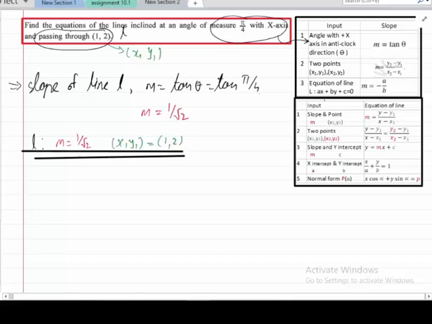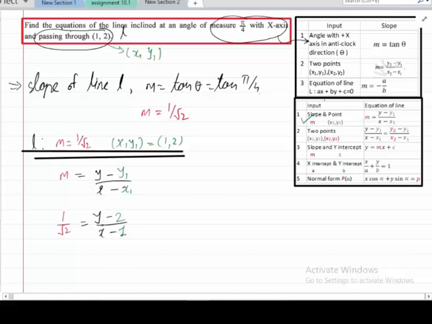So we get our data double underlined, which suggests that we have to use the slope-point equation of line, which is m is equal to (y minus y1) upon (x minus x1). Let's place the values of m, which is 1 by root 2, y1 is 2, and x1 is 1.